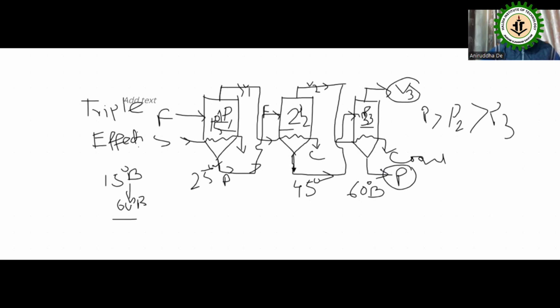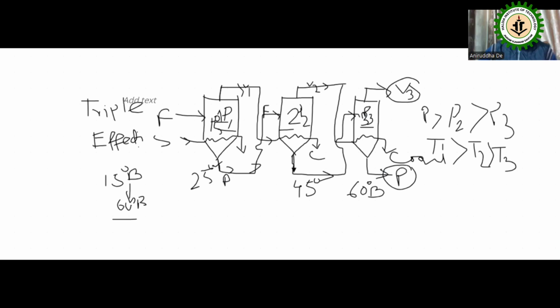This is why it is known as forward feed, because the feed and concentrated product both pass from first to last. Temperatures T1, T2, T3 also follow, T1 greater than T2, greater than T3, so the temperature also reduces from the first effect onward.